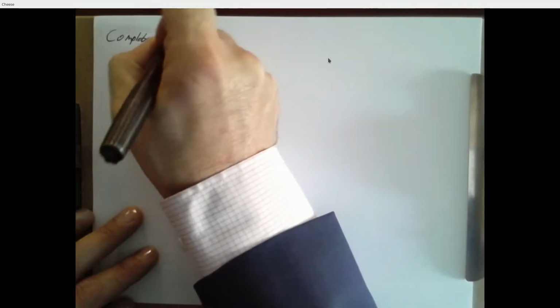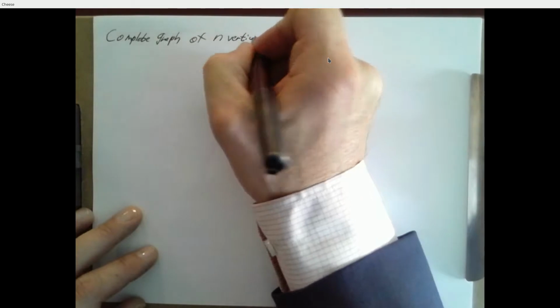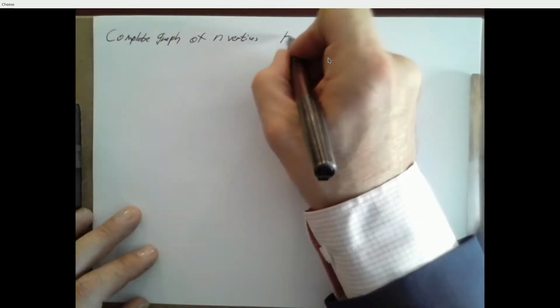All right, so standard examples of graphs, because sometimes it's useful to have sample graphs handy. So the first is complete graphs of n vertices. And we write this as K sub n, I guess K for complete.